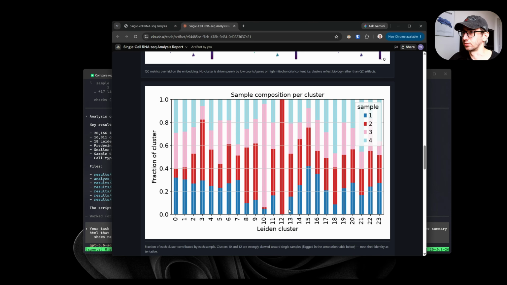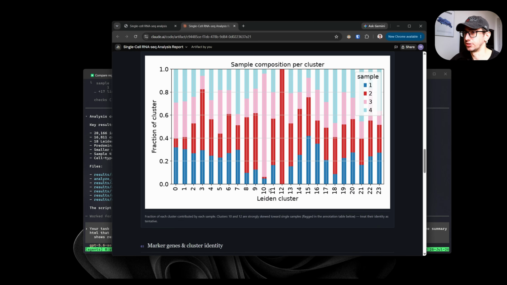In this case, it's more even in my mind. For example, in cluster 0 there is less of sample 2, but at the same time mostly equal proportions of samples 4, 3 and 1. You can see that it's really nicely mixed, and I definitely prefer this more.